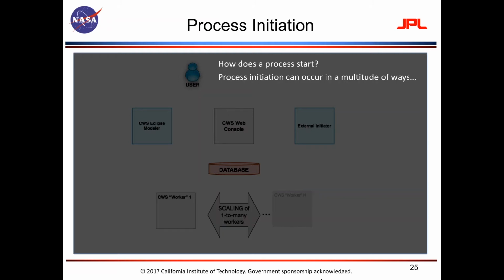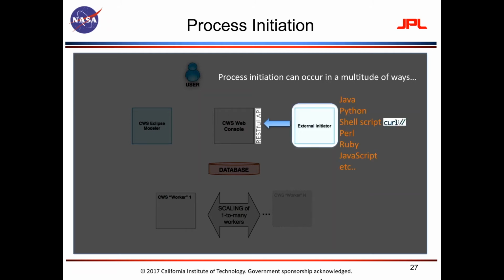So one might ask, how can a process start? There's different ways we've defined for processes to start. One is by the concept of an external initiator. This can be written in a multitude of languages, as it's just a REST API call.